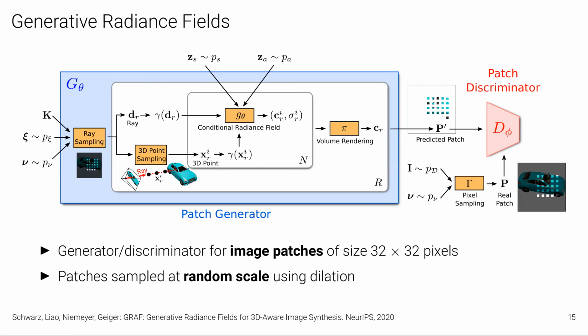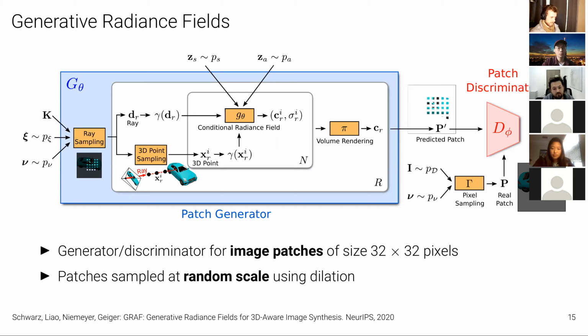But this also means that we cannot provide the full image to our discriminator, right? Here we make use of the continuity of our representation, and we can sample uniformly the scale of the patch. You can think of it as using dilation.